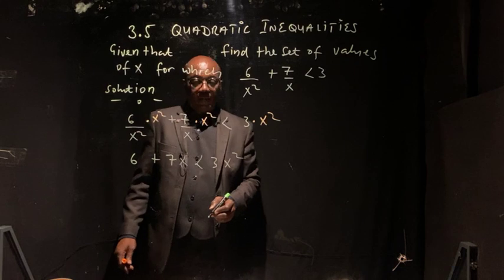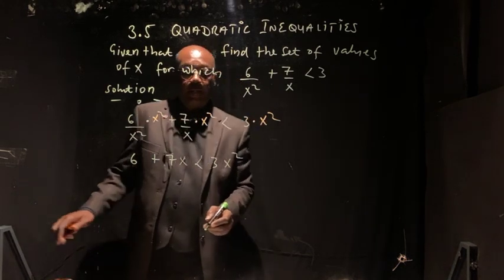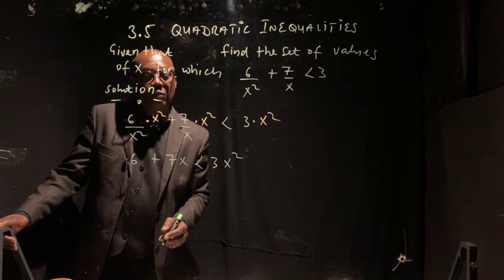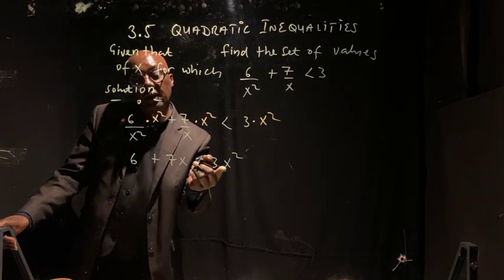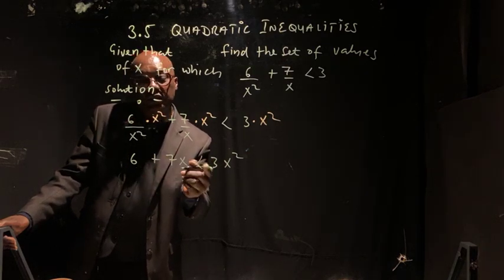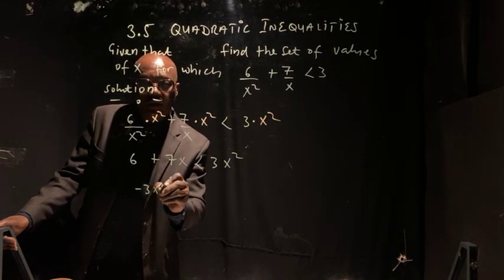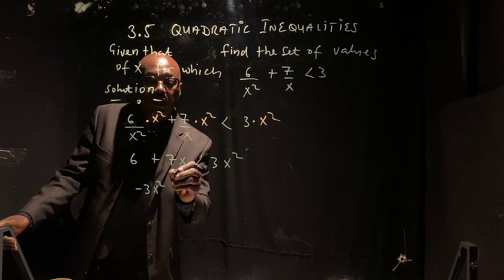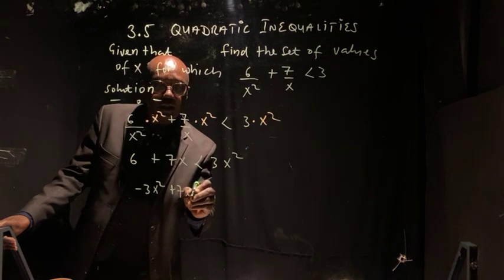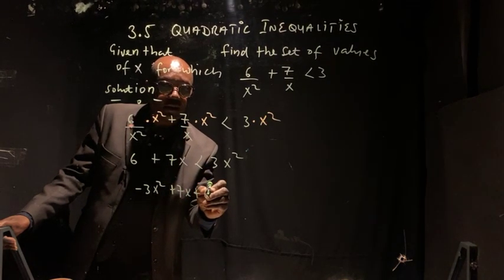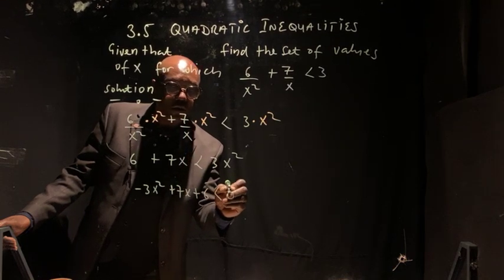Good. 3x squared. Good. So we can do it this way by bringing the 3x squared to this side to make it simpler and more reasonable. So we have minus 3x squared plus 7x plus 6 is less than 0.